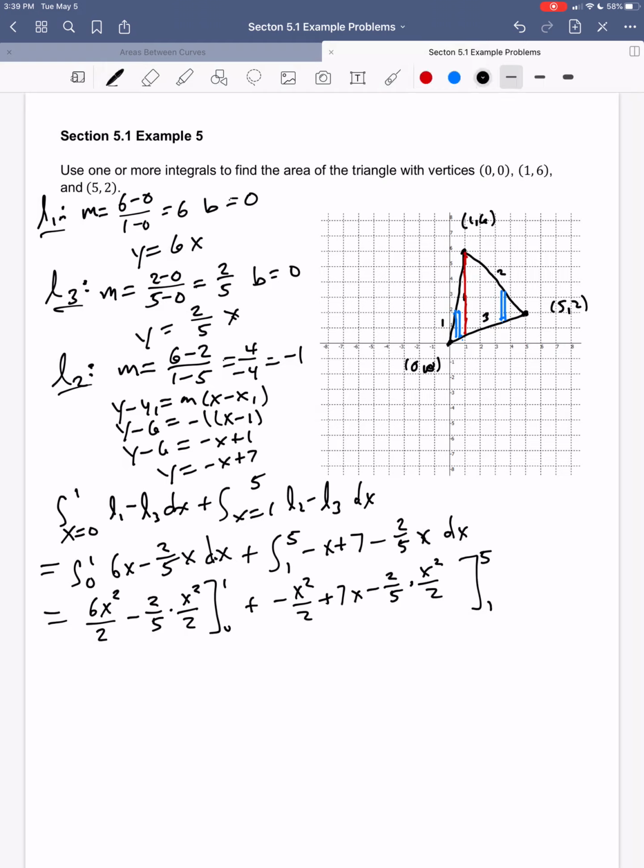Let's see, can we do some cleaning up here? Sure. 2 goes into itself once, 2 goes into 6 3 times, these 2's cancel out, these 2's cancel out.